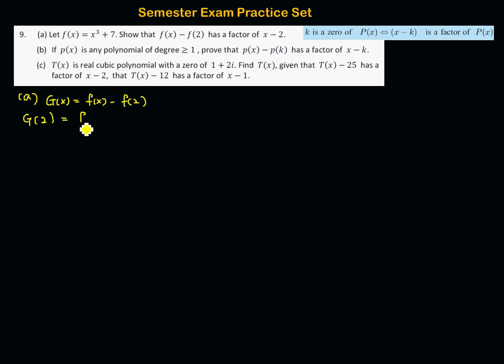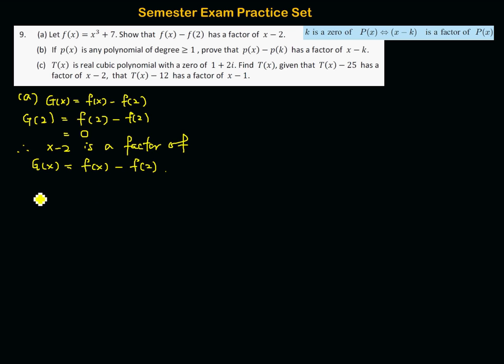I can do that easily, because this is 0, and so therefore by the factor theorem, x minus 2 is a factor of g(x), which is in fact f(x) minus f(2) as defined earlier.